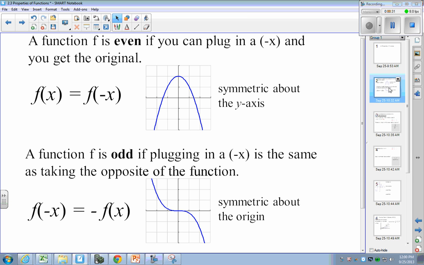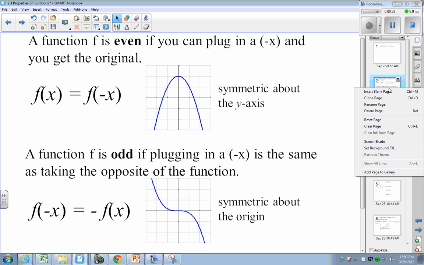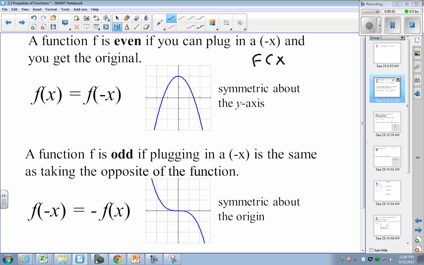So first, let's talk about even and odd functions. Well, what is an even function? An even function is if you can plug negative x into our original function, just f of x, we can show that f of x is equal to f of negative x. So that's what an even function is.